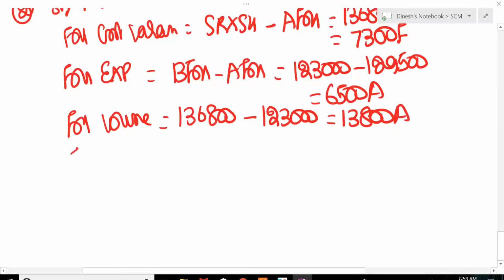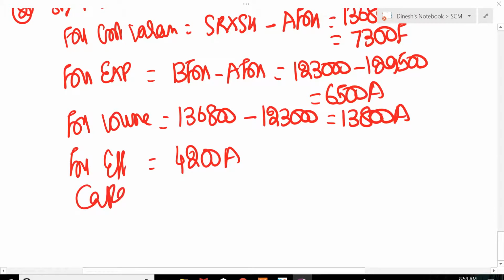How much is the efficiency answer? Adverse. And your capacity is 9,000, no?